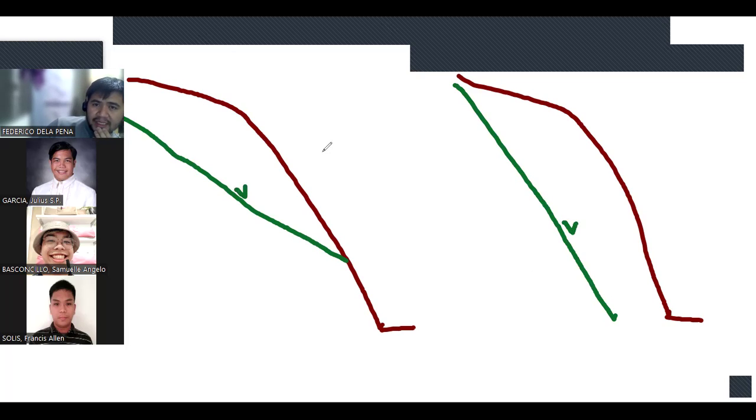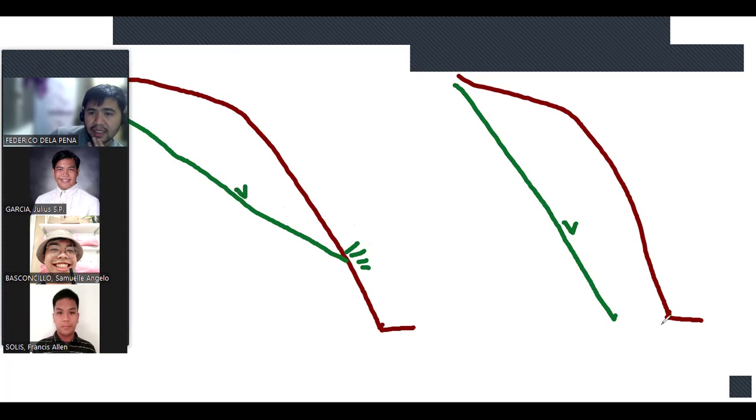You will notice that in the first case, the discontinuity is exiting into the surface, while the other one is going to head straight into the underground or subsurface.